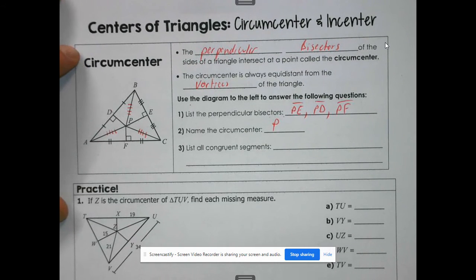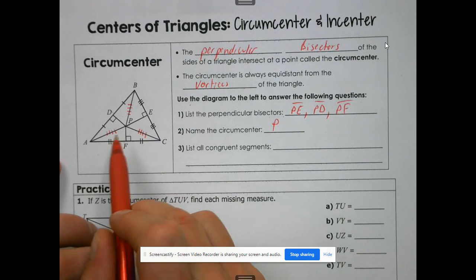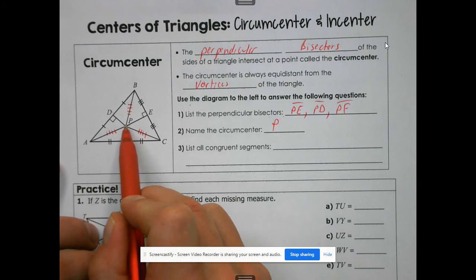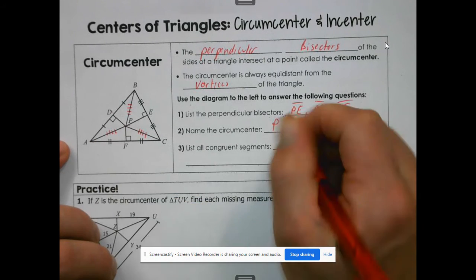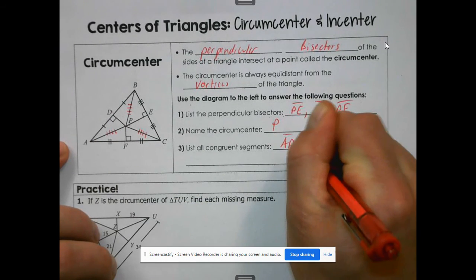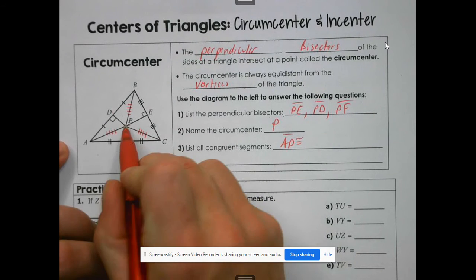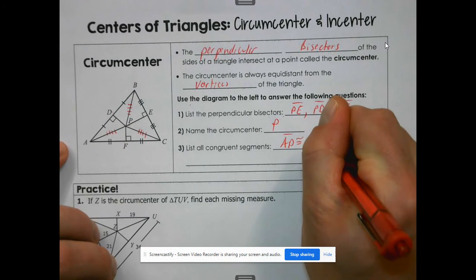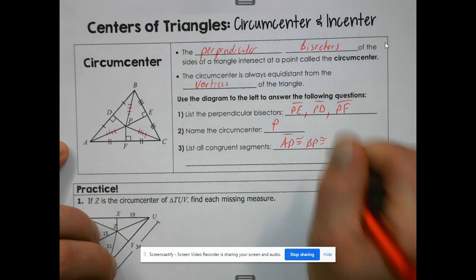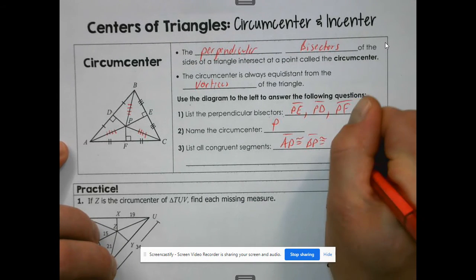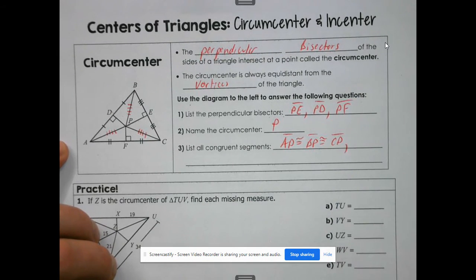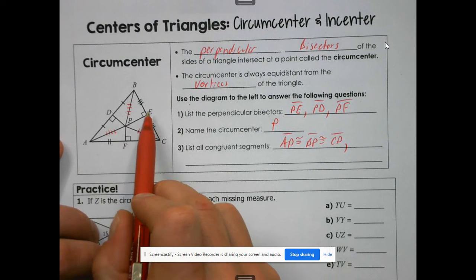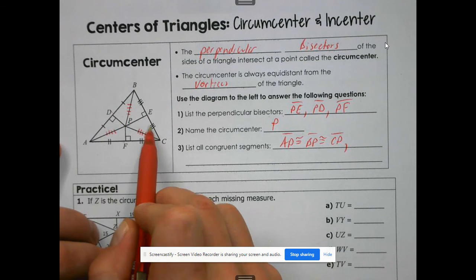List all the congruent segments. All right, we got a lot of them. Let's start with the vertices to the center P. So we have AP, which is congruent to BP, which is congruent to CP. Next, we can do the sides. Remember, the perpendicular bisectors cut your sides in half.